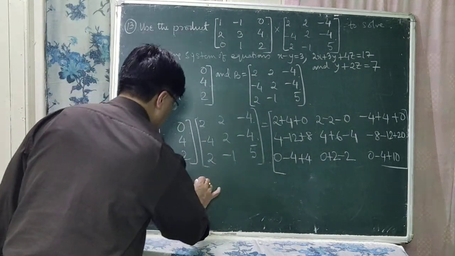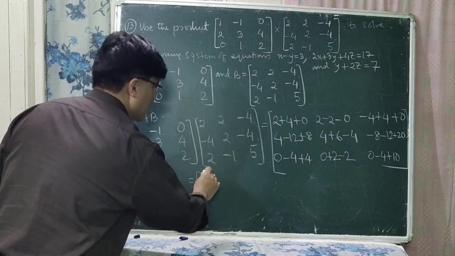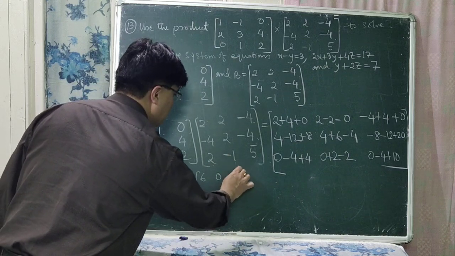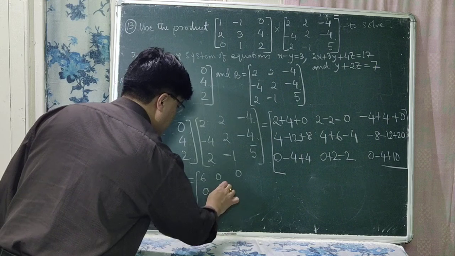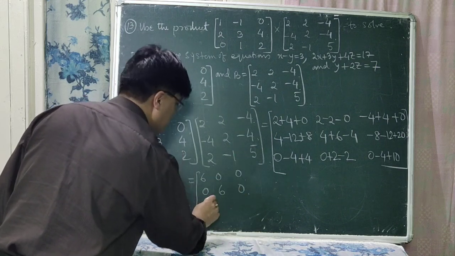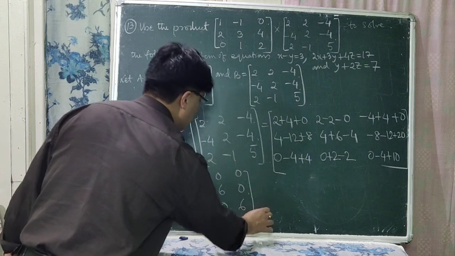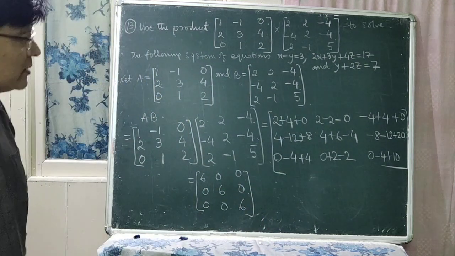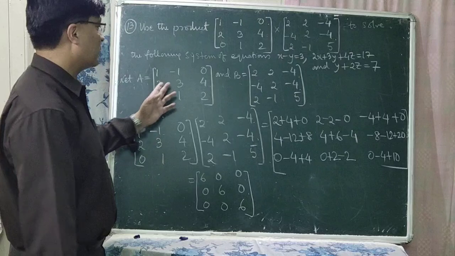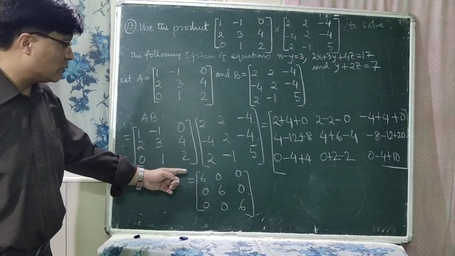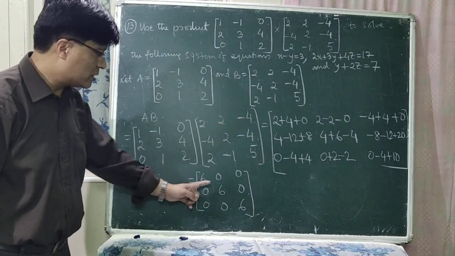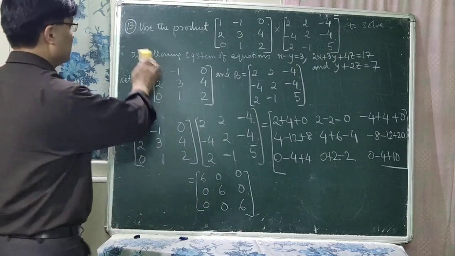So which is equal to next? It is 6, 0, 0. This is also 0, 6, 0. This is also 0, 0, and 10 minus 4 is 6. So we got this relation. If you find out the product of A and B, we get [6, 0, 0; 0, 6, 0; 0, 0, 6].